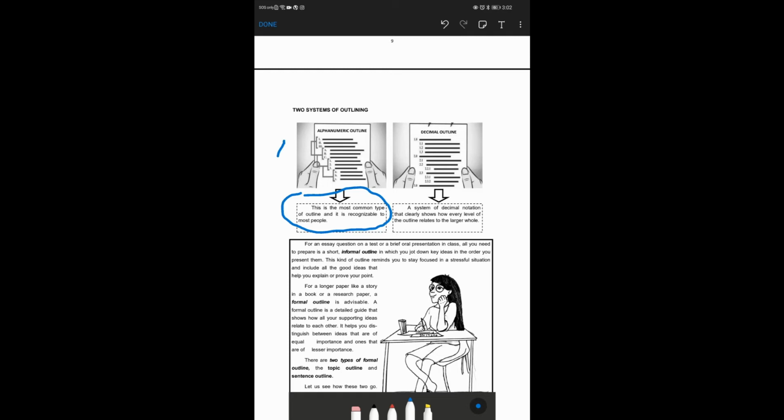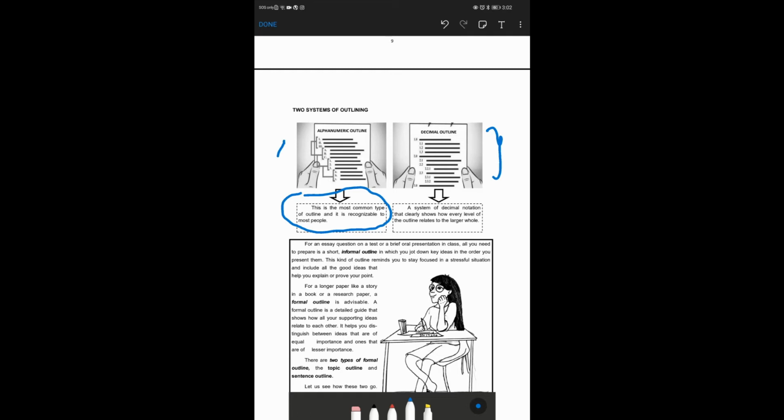So madali siyang ma-recognize. It's recognizable to most people kasi pag nakita mo siyang ganon na may Roman numeral, tapos may capital letters, may Arabic numbers, and may small letters, it's easy to understand na okay, outline to. Okay? While the decimal outlining naman is simply replacing the alphabet and the numbers with merely numbers with decimals.